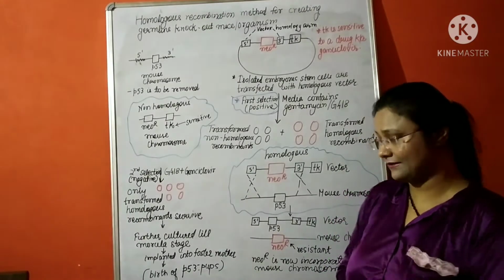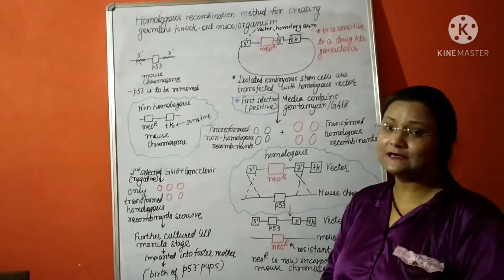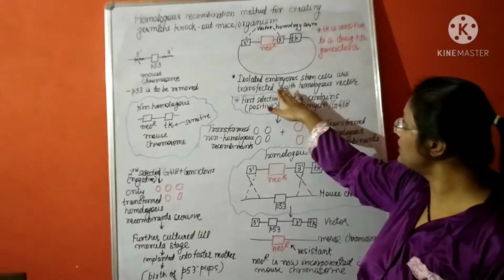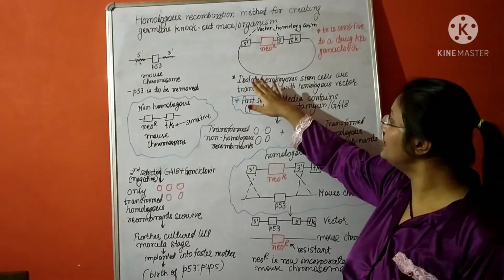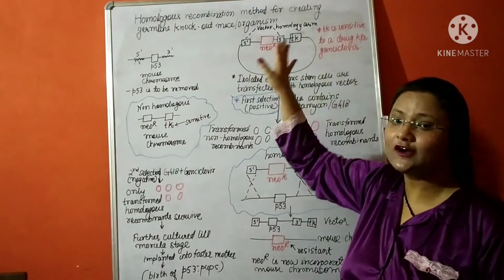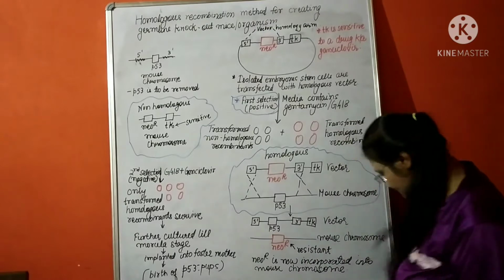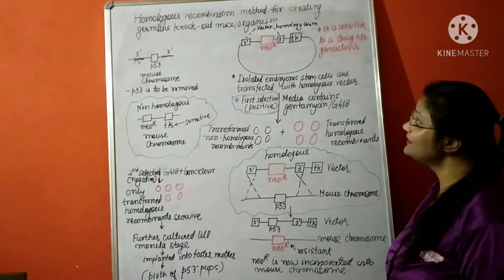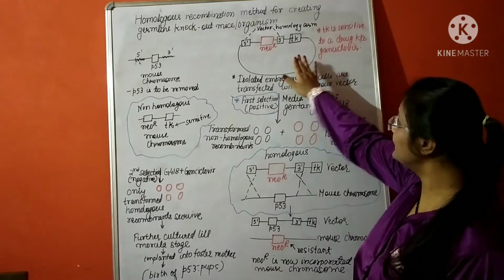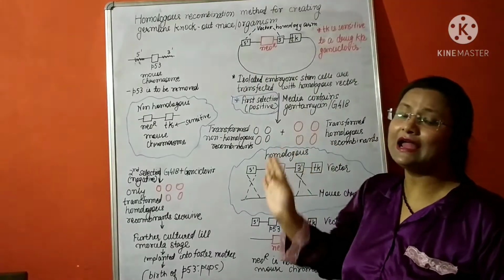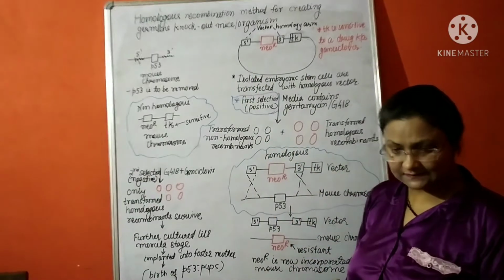First, some of the embryonic stem cells will not get the vector. The vector will not get incorporated inside them. But another possibility is that the vector will go inside some of the embryonic stem cells.